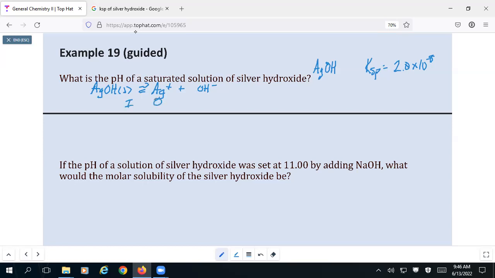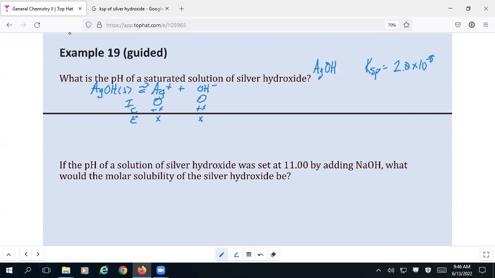Initially, we've got nothing. Our change is going to be plus x. And our equilibrium will be x and x. So as far as calculation is concerned, these are as simple as they get.